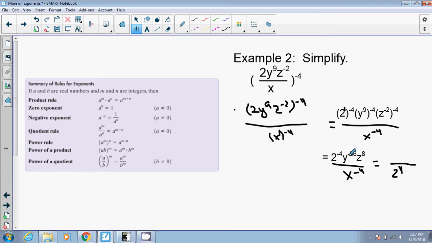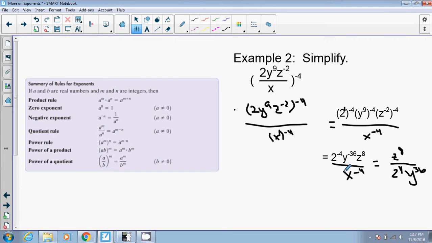So since it's in the numerator, it goes to the denominator. So we have y to the 36th. The z to the 8th, again, there's no negative exponent there, so it stays in the top. So I have z to the 8th.